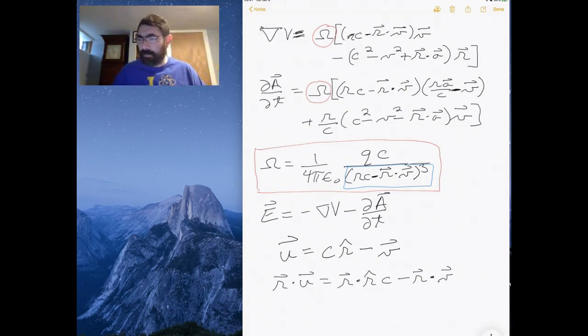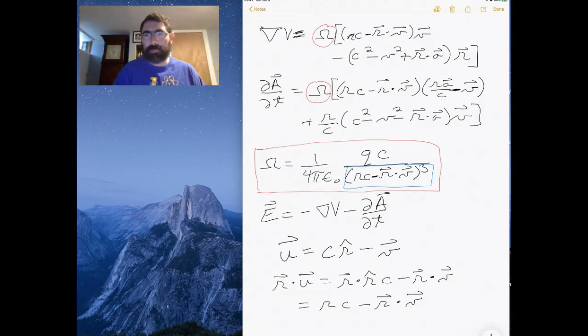And so r with an arrow dotted into r with the hat just gives me the magnitude of r. So I would have rc minus r dot v. Okay, so I could rewrite the denominator of the omega term.